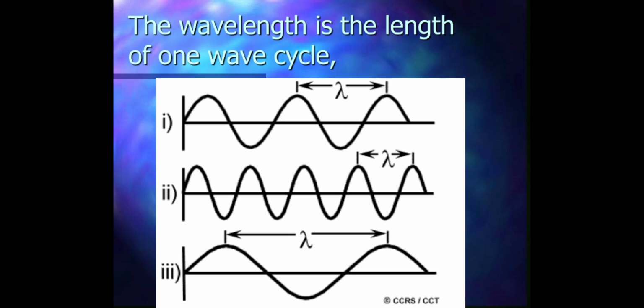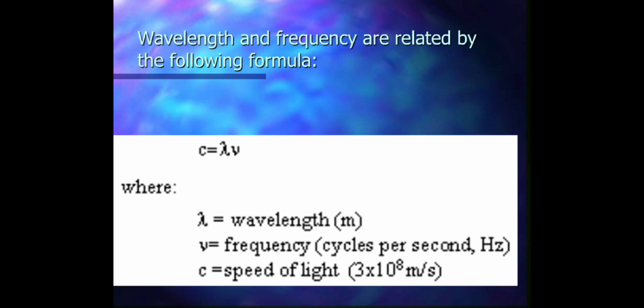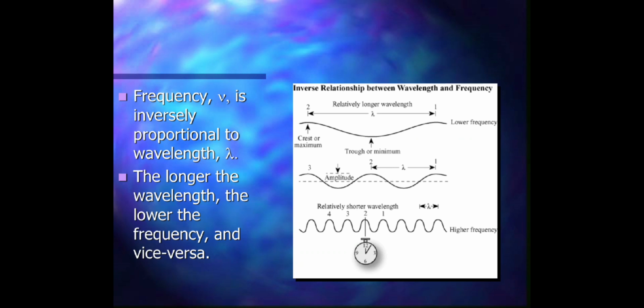In this graph, one periodic cycle is where the starting point and the same point come a second time, that is one cycle. That type of cycle is measured in hertz frequency. So C = λ × ν.